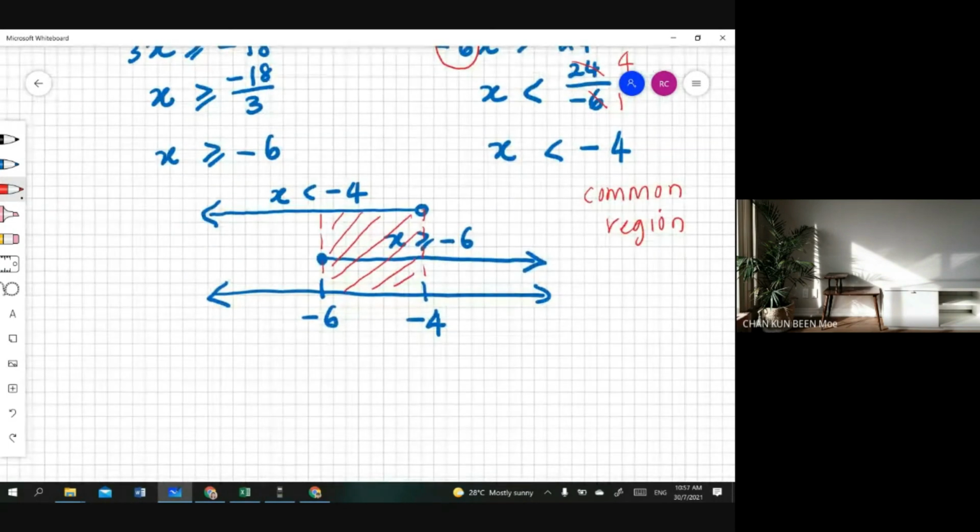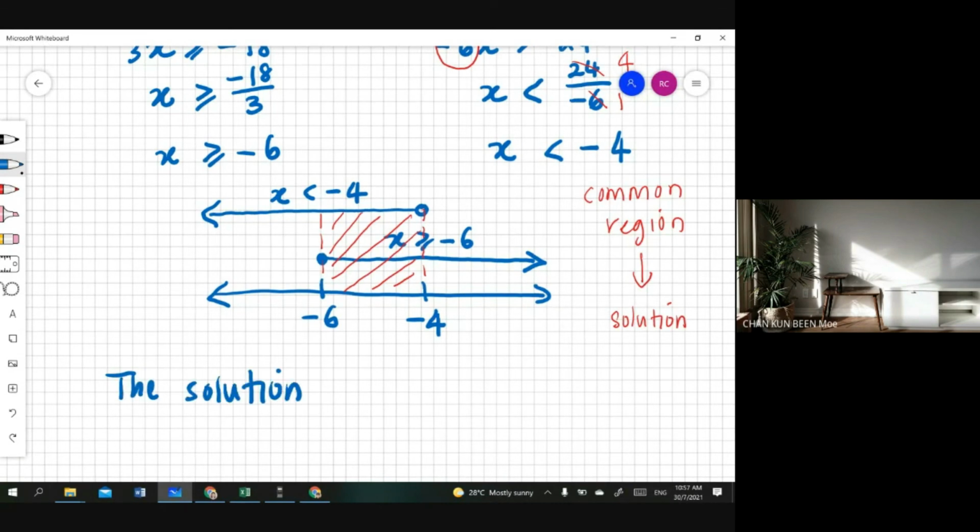After you found the common region, you need to get the solution. This part is very important. You need to remember the steps of writing the solution. Because the x is in between this part here, you write down the x like this. And then the arrow must be pointing to the left.